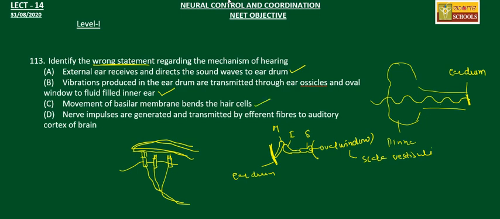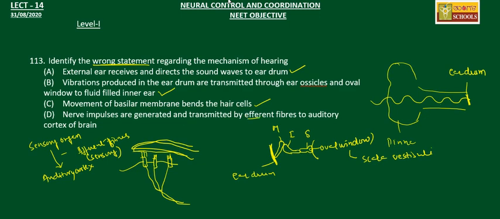The nerve impulses are generated and transmitted by efferent fibers to auditory cortex. It means that from the sensory organ to auditory cortex, it should be the afferent pathway or afferent fibers, meaning sensory fibers. So there should be sensory fibers, not efferent.